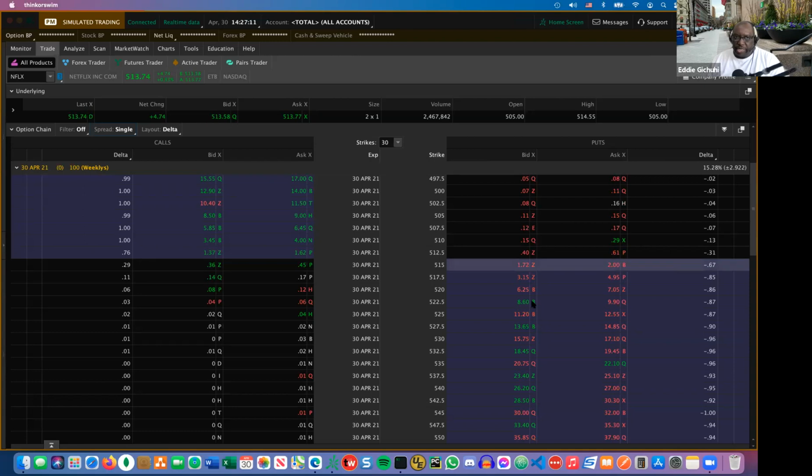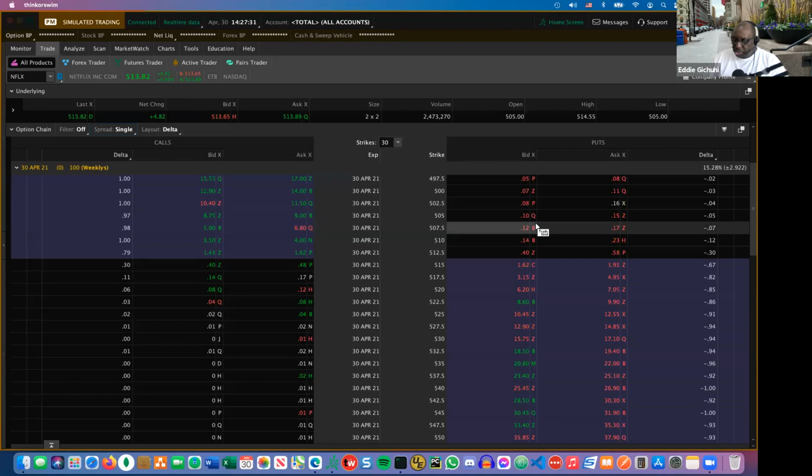So I can either sell a call or I can sell a put, and there's two different scenarios on those, and we'll get to that shortly. When it comes to selling, we're going to figure out what side do I sell on, the call side or the put side, and what does it mean?